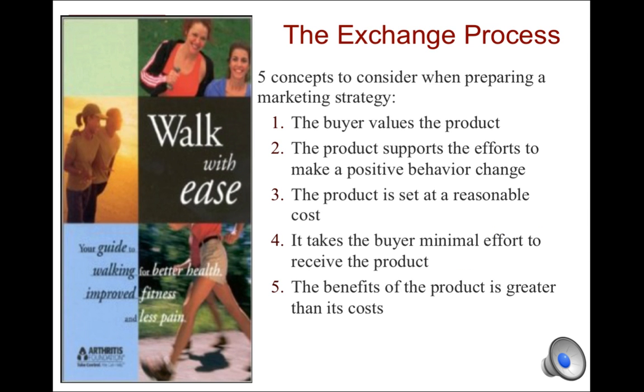The exchange process is the entire transaction from seller to market. Market, as defined by our textbook, is the set of all people who have an actual or potential interest in a product or service. Our market is the priority population. For example, the Centers for Disease Control funds a program called Walk with Ease, formed to increase physical activity among those who suffer from arthritis.